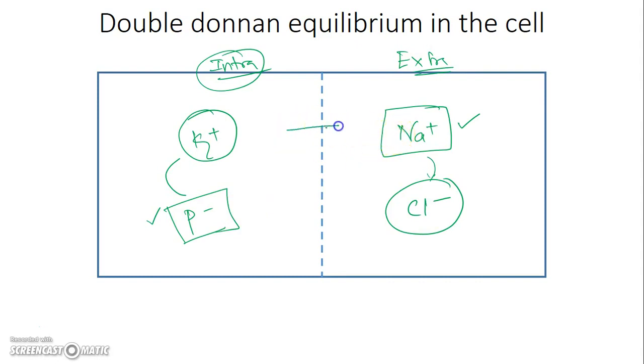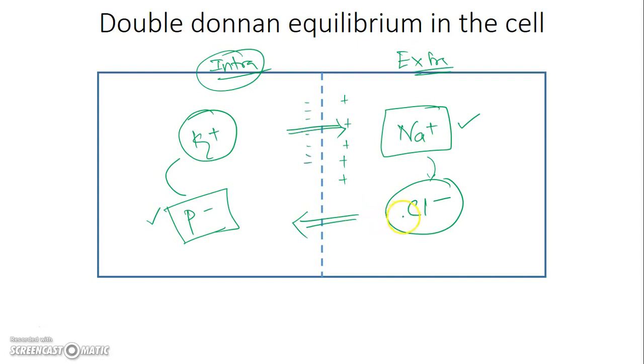The potassium concentration gradient is going to drive it to this side, and the chloride concentration gradient is going to drive it to the other side. When the concentration gradient pushes them, the potassium ion coming here without any negative ion is going to accumulate more positivity here and induce a negativity over here.